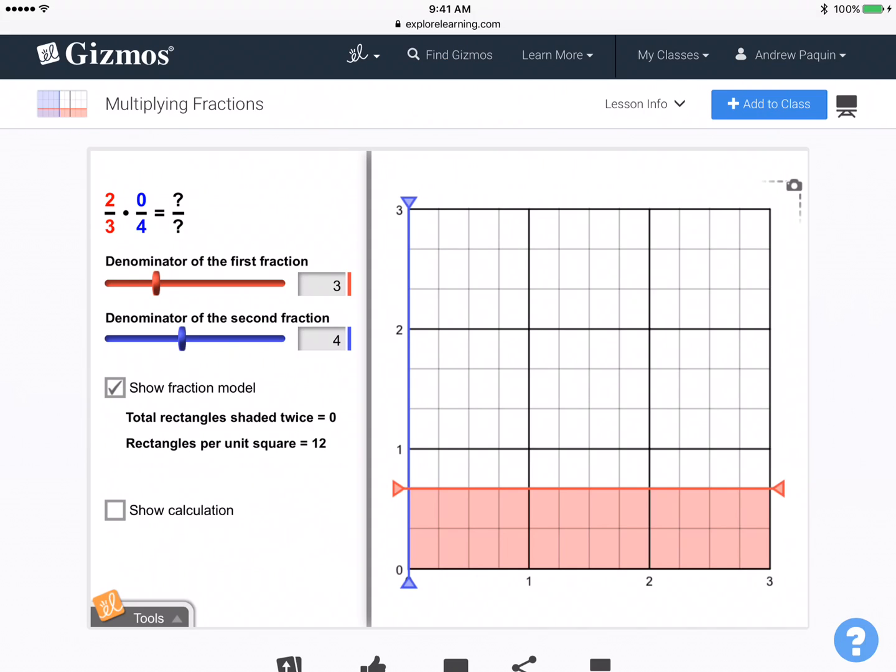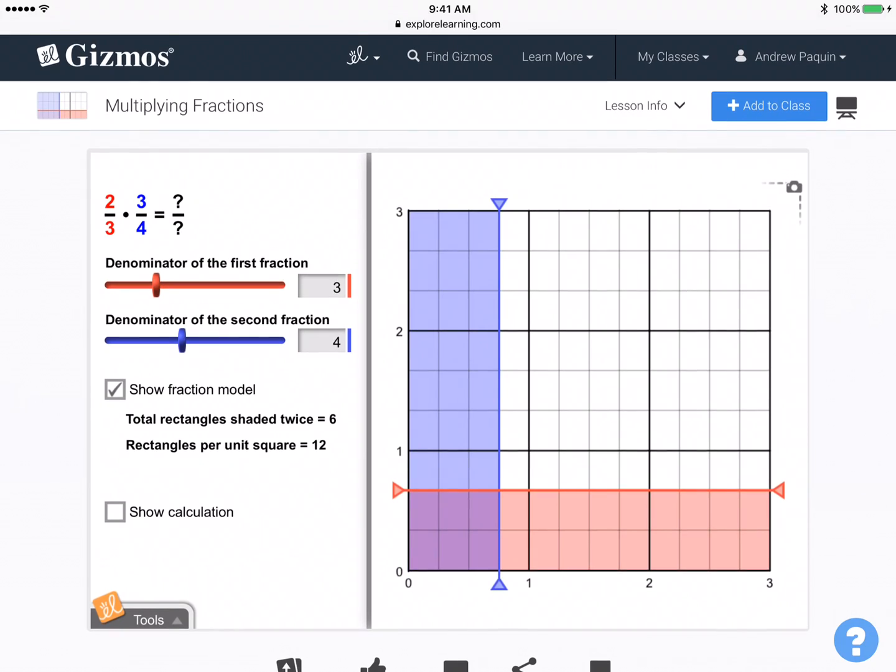Now, if I multiply 2/3 by 3/4, I get this. And very much like my garden drawings in part 2, you can see how there's an overlap of the two fractions. So where the red and the blue overlap to make purple, that is the selected box that's going to end up being our numerator.